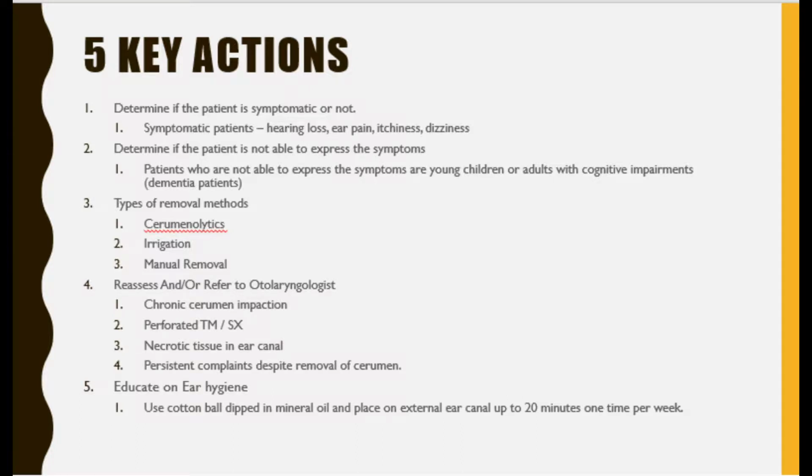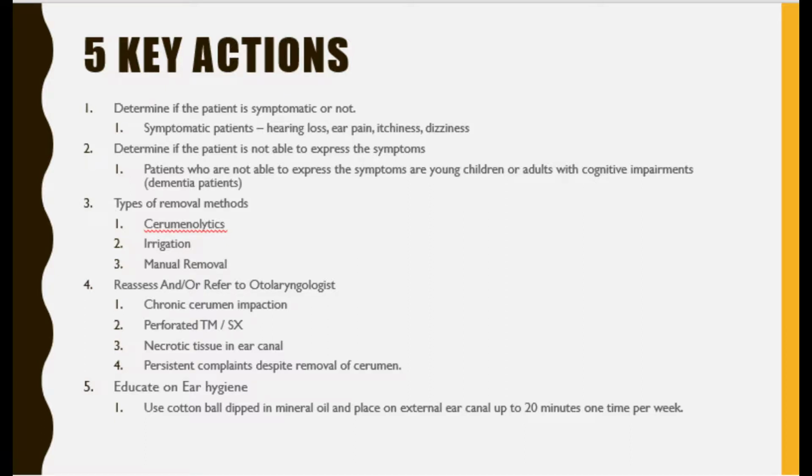The 3 types of removal methods are medications, which are called cerumenolytics, or irrigation, or manual removal. You also want to reassess them or refer them to an ear specialist.